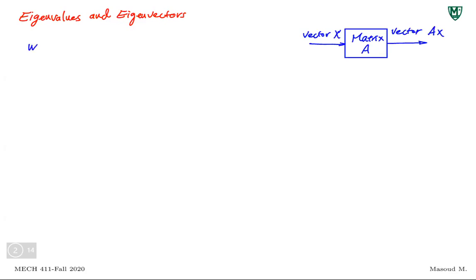When Ax is parallel to x, then x is an eigenvector.